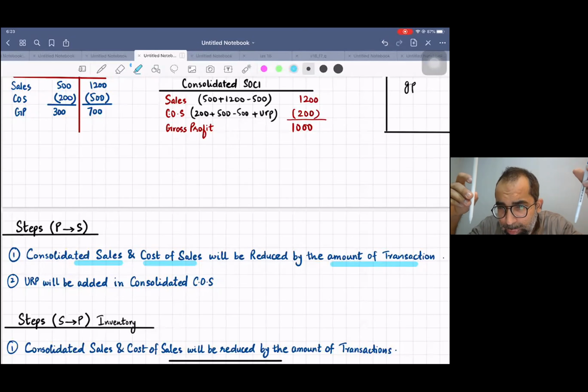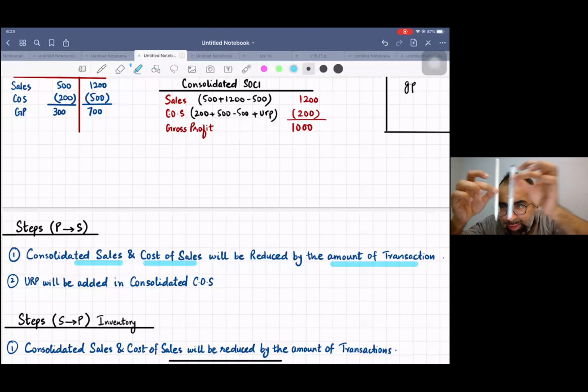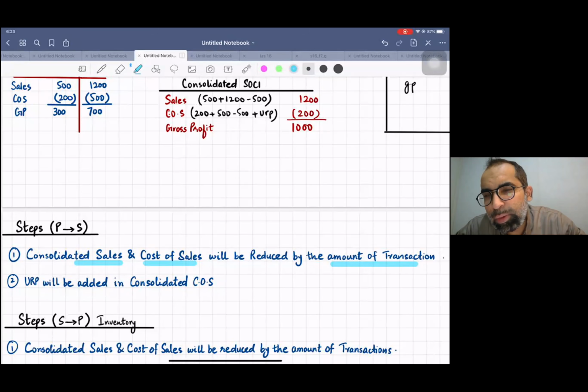So when this URP is in the parent company's P&L, look at the screen. When we add these two together, this URP will go into the consolidated P&L as well. So you need to remove that URP from the consolidated P&L. And how will you remove it? By adding the URP to consolidated cost of sales.